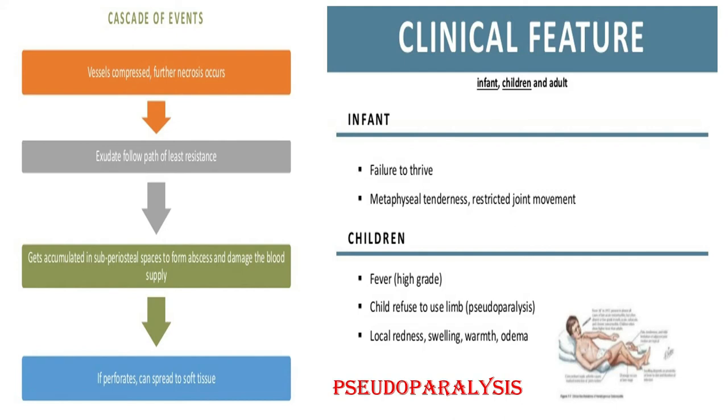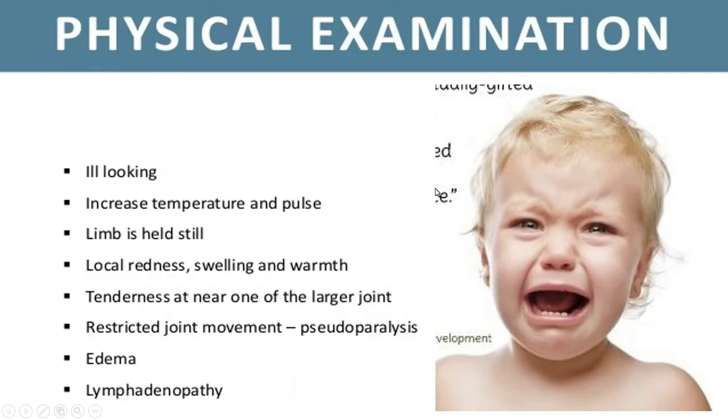Even without touching they will cry, and the patient will have a hectic rise of temperature, fever, and on local examination we can see local redness, swelling, warmth and edema, restricted joint movement, and metaphyseal tenderness. Before radiological and confirmatory diagnosis, we can see the child's face.